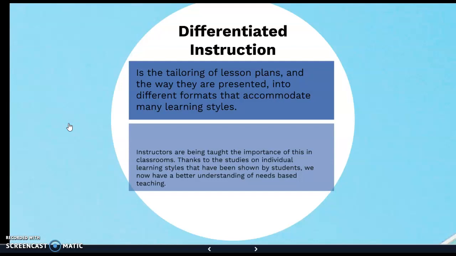At the beginning of the year, unless there's an IEP or a parent has told you, hey, my son or daughter, this is how they learn, this is how they've done it, you're not going to know that.